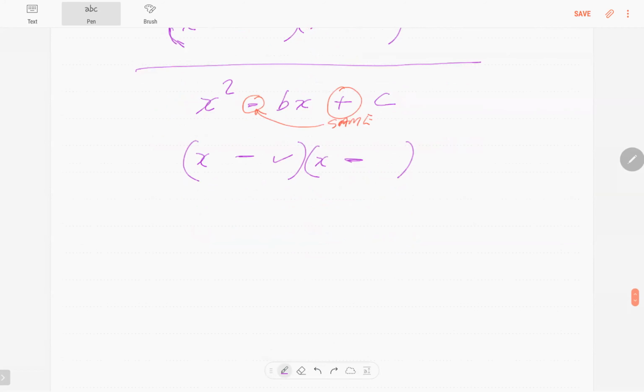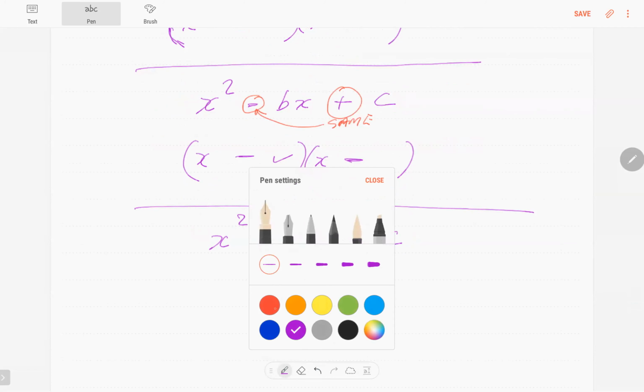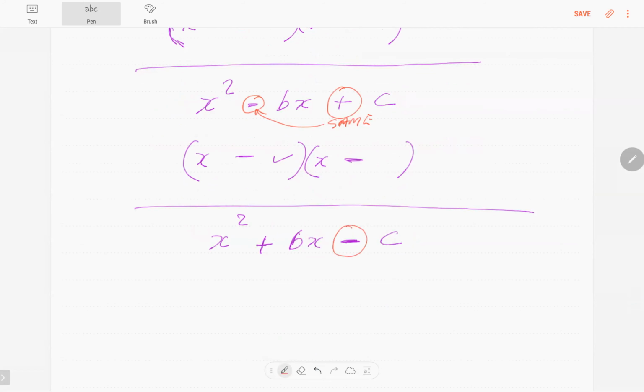If instead it was x squared plus bx minus c, this minus now would tell me that the signs in the bracket are different.